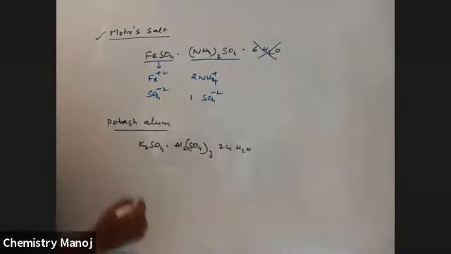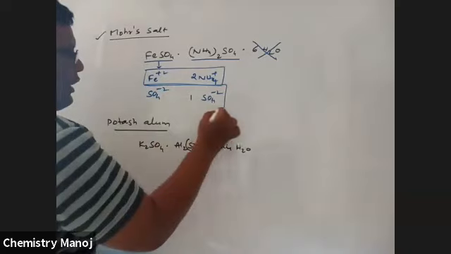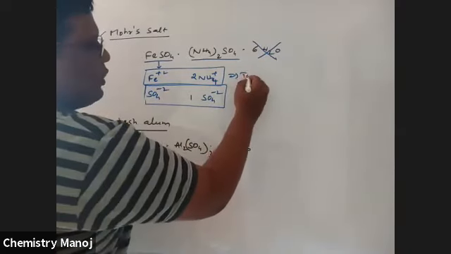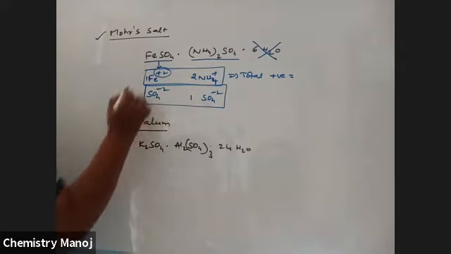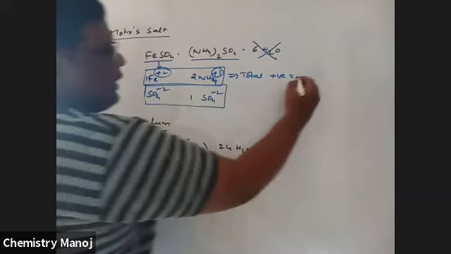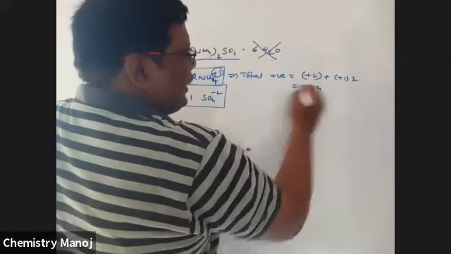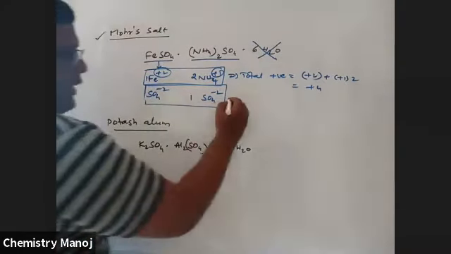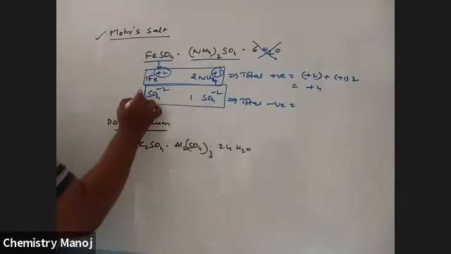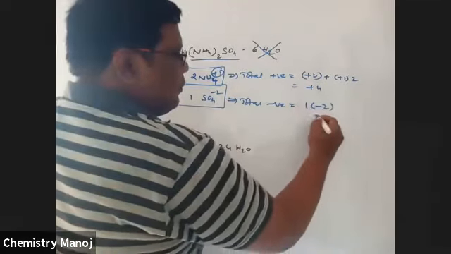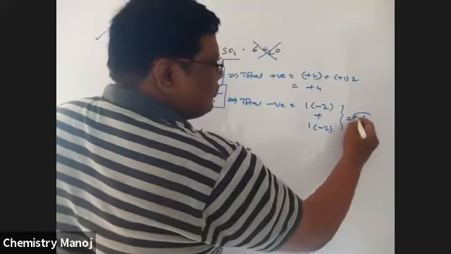Don't consider this water. Now, these are the total positive ions, and these are the total negative ions. Total positive is +2 into 1, plus +1 into 2, that is +4. Total negative charge is 1 into -2 plus 1 into -2, overall -4.